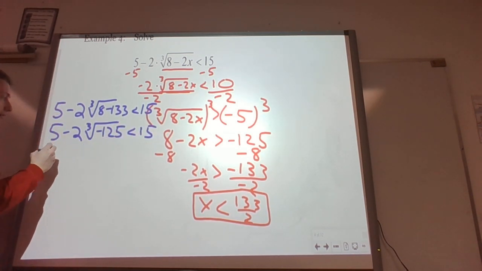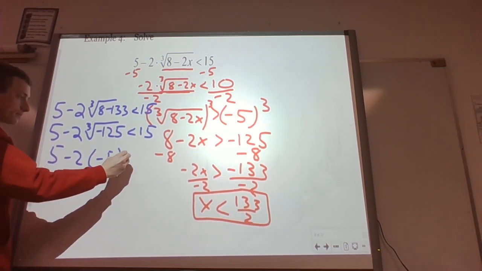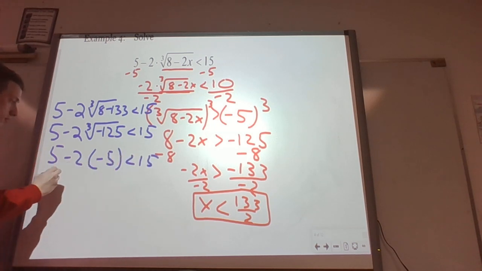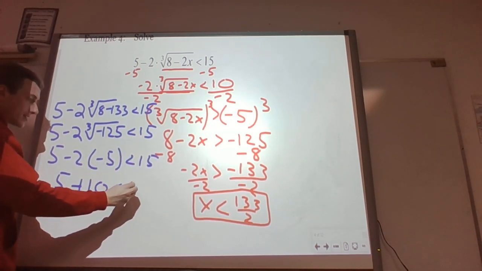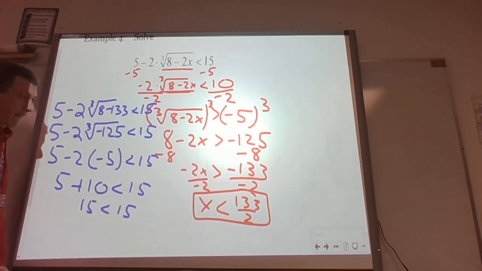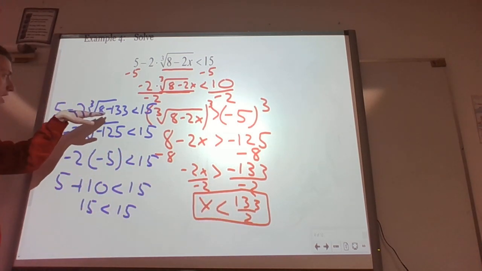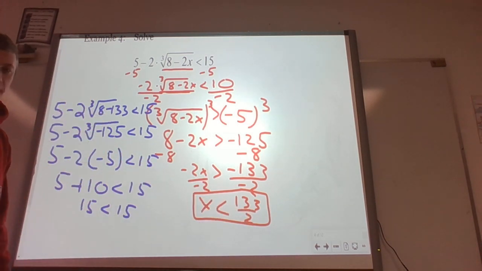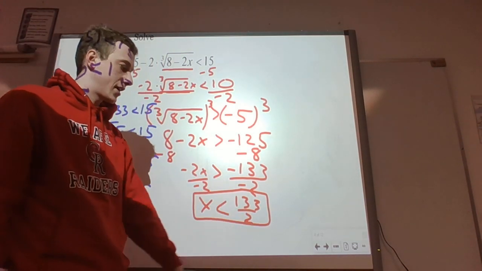The cube root of negative 125 is negative 5. So we have 5 plus 10 is less than 15. So as long as x is less than 133 halves, then this will be a correct inequality. It's always good to check.